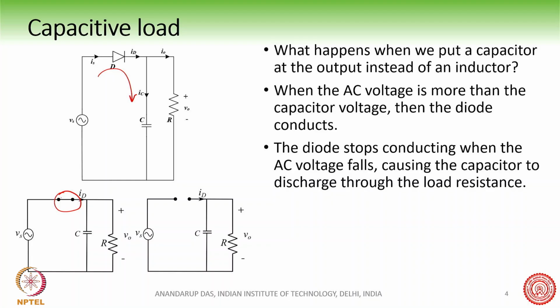The diode stops conducting when the AC voltage is falling and is less than the capacitor voltage. Then the diode is reverse biased, and the capacitor discharges through the load resistance.